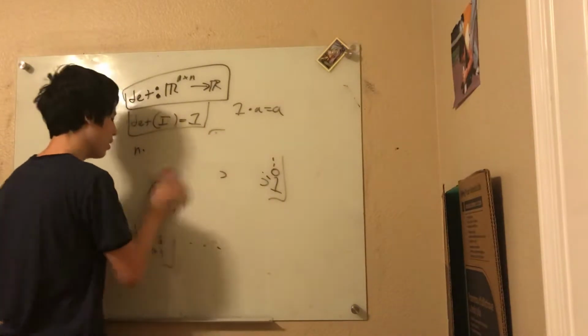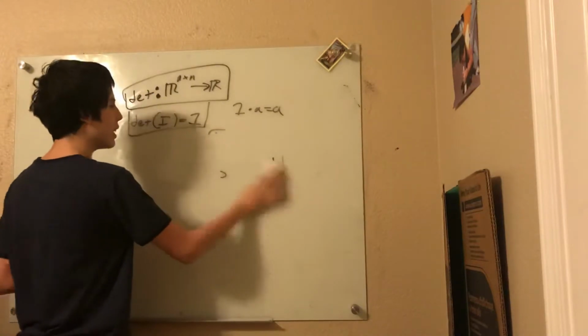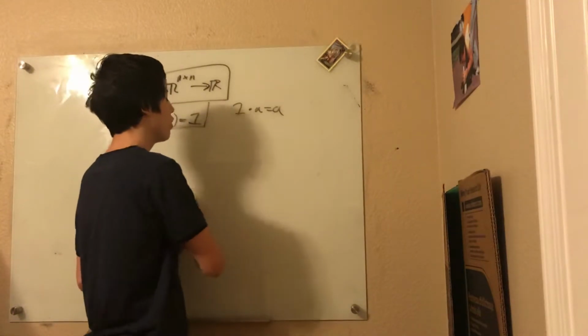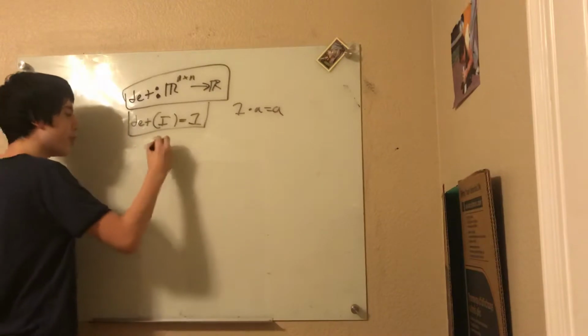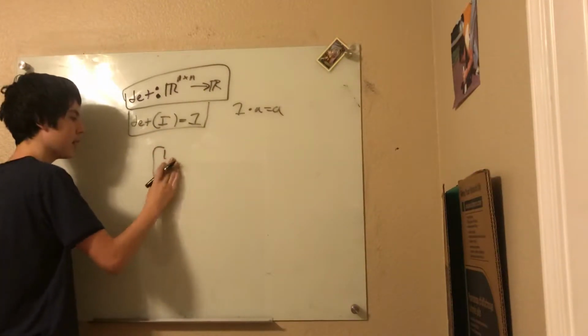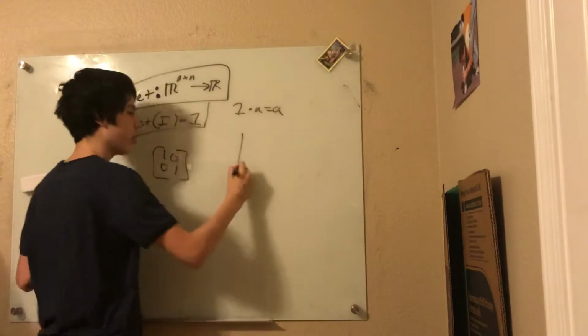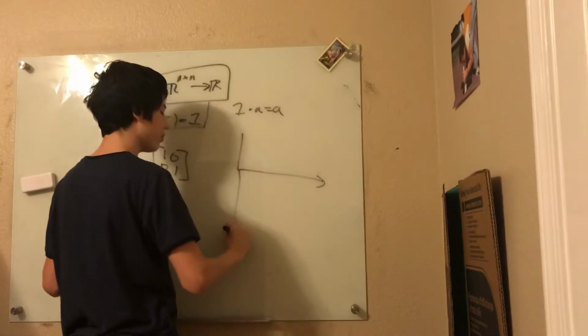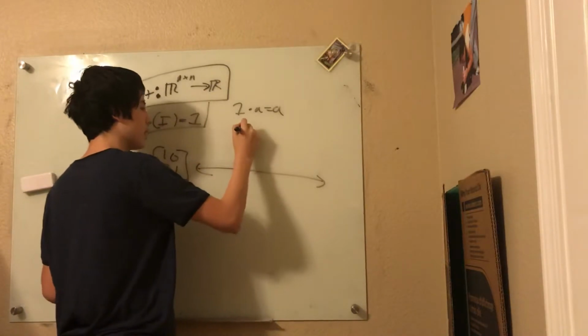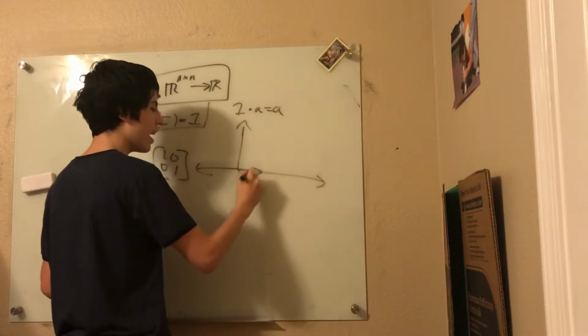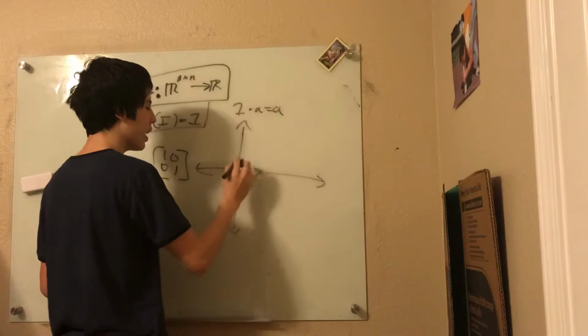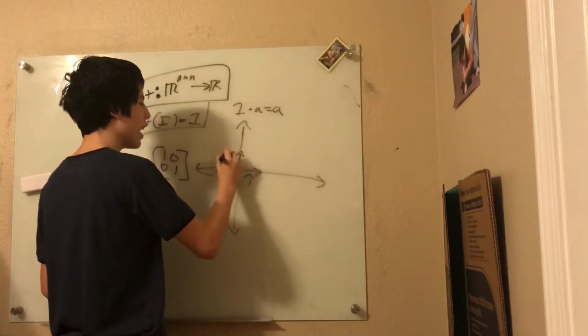First of all, let's look at the identity matrix for R2, which is this I hat and J hat, right? So let's look at this space. We call this I hat, and we have J hat, right?